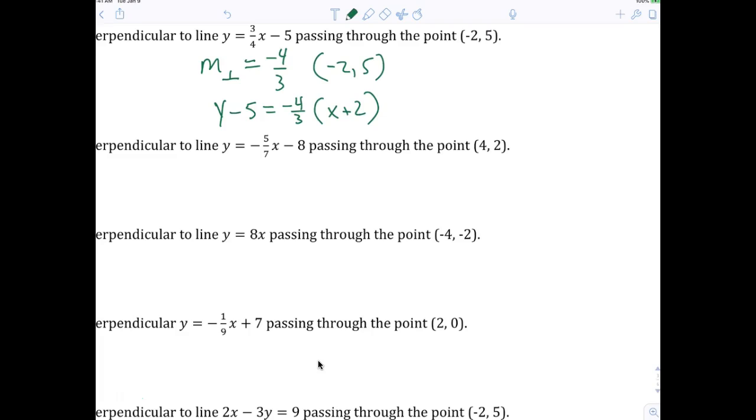Just type right over it. Now, under Y2, we want Y2 equal to -4/3 (x plus 2) plus 5. And if you don't understand that, you can tell me.